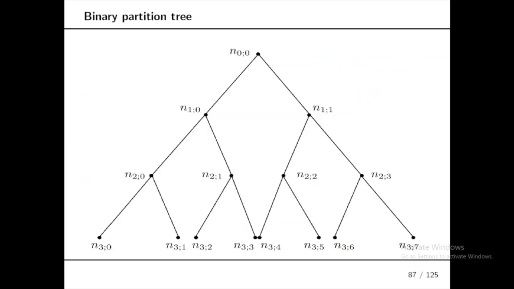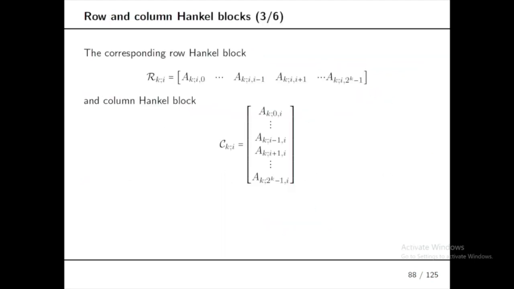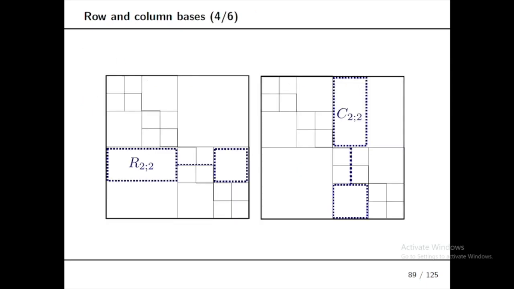It's just a complicated thing. If you talk about the row and column Hankel blocks, there are row and column Hankel blocks only at these partition levels that I look at. I don't look at all of them, only those given by this prefixed partition. For example, for this partitioning, this is a valid row Hankel block, and this is a valid column Hankel block.